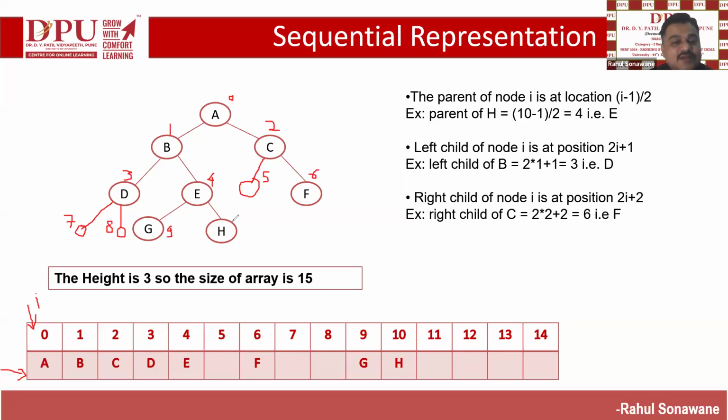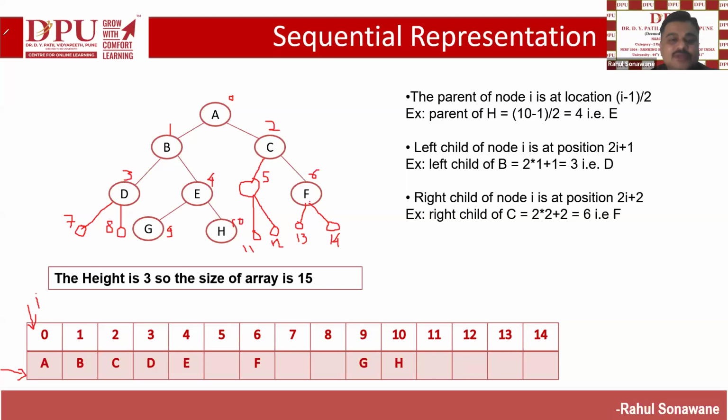Then this is 10. Yes. Further, there are no nodes at this level. So again, we go and add the dummy nodes, right? Over here also, let's add some dummy nodes and we can number them like 11, this is 12, then 13, and the last one will be 14 to make it a complete binary tree. Because in a previous slide, we have seen that for the complete binary tree we required an array of size 15. Okay, because the height was 3.